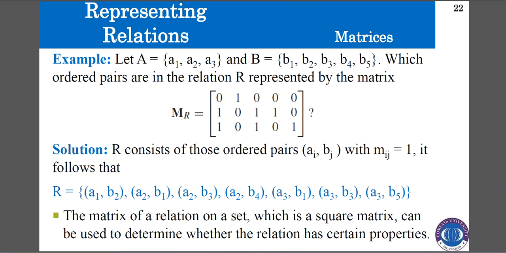The matrix of a relation on a set, which is a square matrix, can be used to determine whether the relation has a certain property. All the matrix representations I discussed above are mostly related to understanding the properties of relations. So I will now discuss the properties of relations in detail.